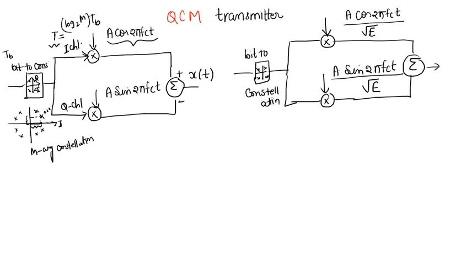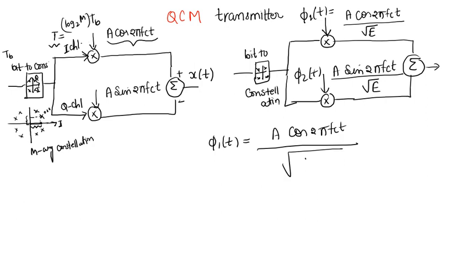So this part, if we represent it by phi1(t) and this by phi2(t), phi1(t) can be written as A cos 2 pi FCT divided by the square root of the energy of such a signal, which is A squared T by 2. Therefore, you can write root 2 by T cos of 2 pi FCT.